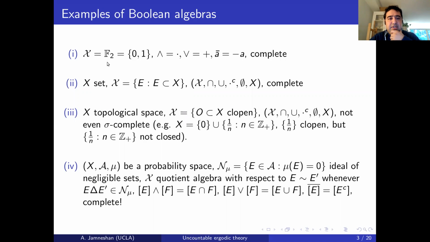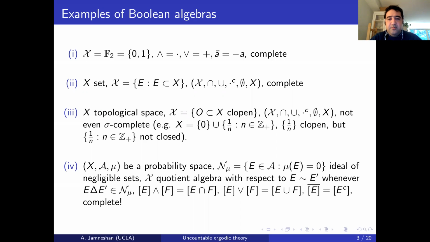If you see it as a finite field, then the intersection corresponds to multiplication, the join operation corresponds to addition, and the negation is just taking minus of either 0 or 1. And this simple Boolean algebra is, of course, complete. What I mean by complete is that one calls a Boolean algebra complete if one can form the join and the meet of any family inside the Boolean algebra.